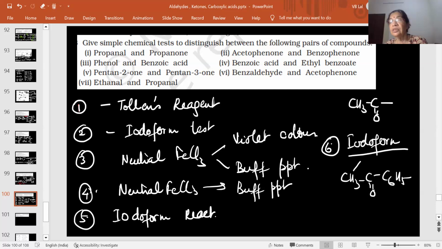So this can show the iodoform reaction because of the CH3CO group. All compounds which have the methyl keto group will show a positive iodoform test. So these are again very useful reactions. Please note down, please learn, please revise. It's very, very important.